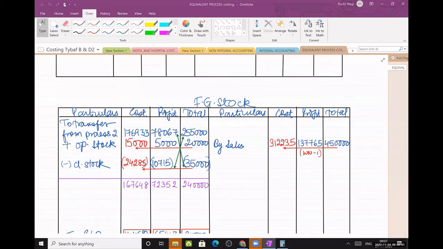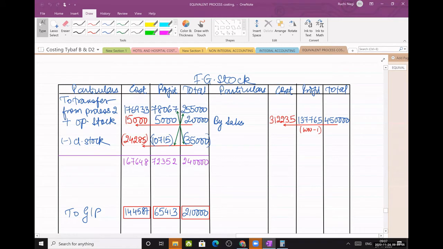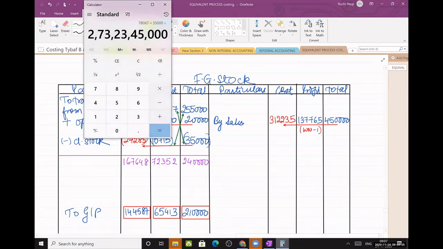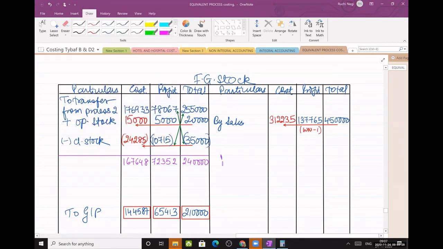Welcome back, students. We were doing this closing stock value calculation, right? In opening stock there was profit element, so I have told you that closing stock will also have profit element. And how is closing stock calculated? It is calculated on the basis of prime cost of goods produced.